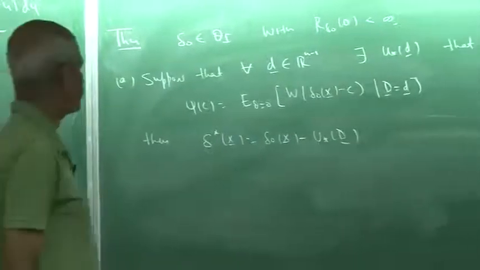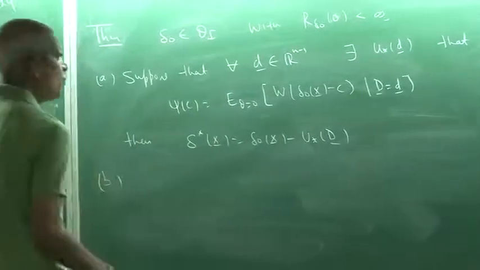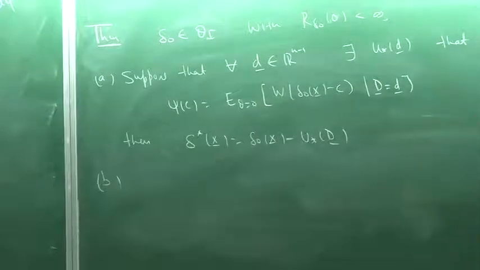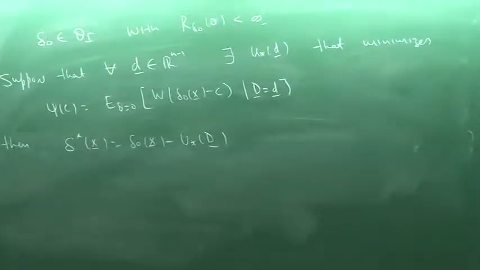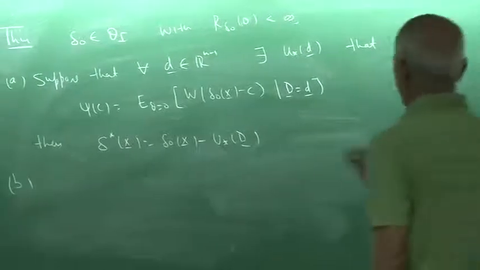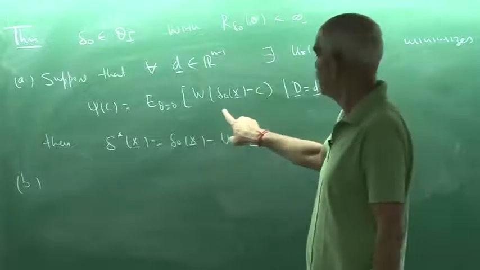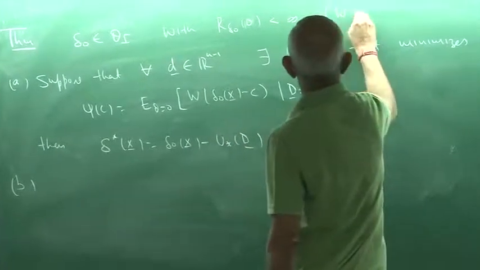So MRE is this. Now, second part, we have seen that if W was strictly convex and non-monotone, then the minimizer is unique. So everywhere I am assuming my W is convex and non-monotone, so that the minimizer exists.